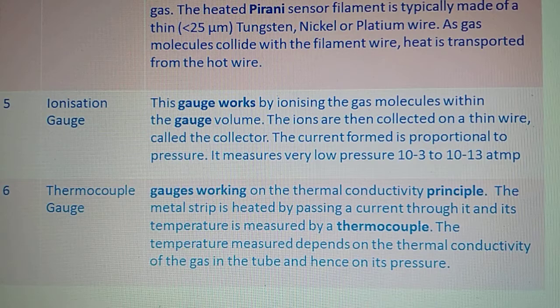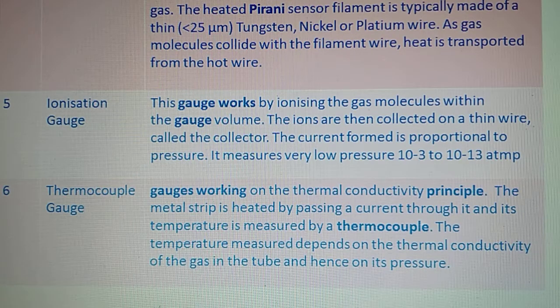The Pirani gauge measures the vacuum pressure dependent thermal conductivity. That means thermal conductivity which depends upon the vacuum, measured by the Pirani gauge from the heated wire to the surrounding gas.